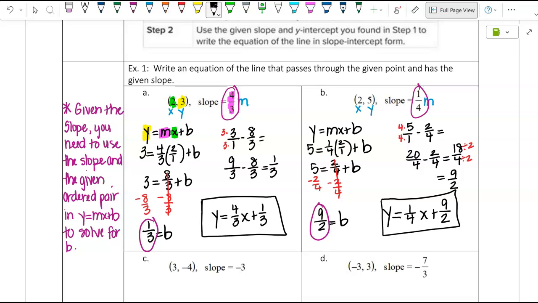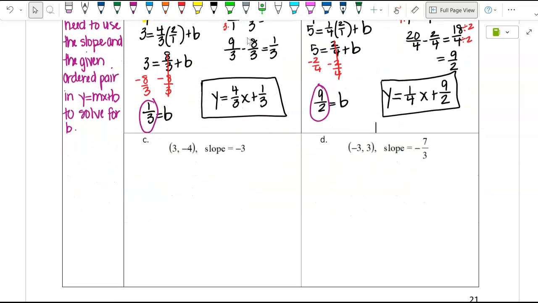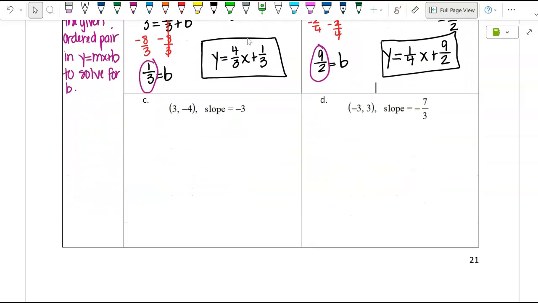All right, problem C. We're given the point 3, -4. So again, I'm going to use 3 as my x, -4 as my y. And I'm given a slope of -3, which is going to represent my m.